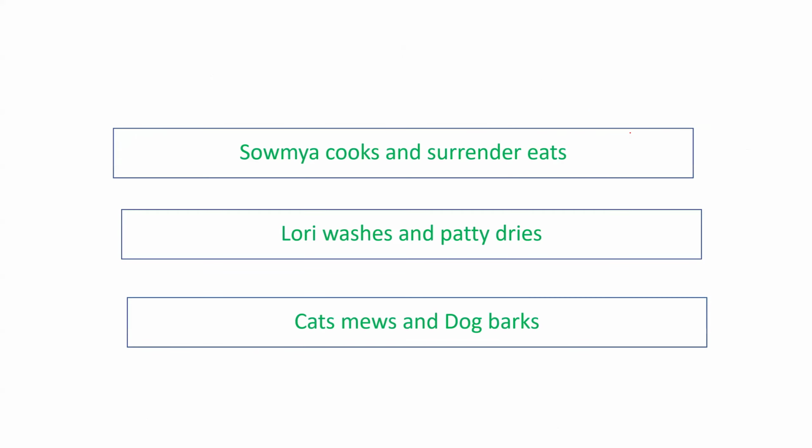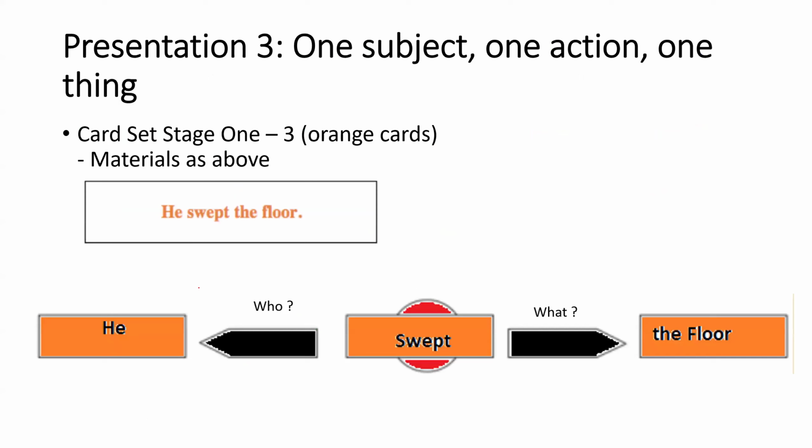Now in the third presentation, we are concentrating more or less on the orange cards. Here I will have one subject, so one noun, one action, one thing. Say we have a sentence like he swept the floor. What is the action? Swept. Start with that, so I'm going to cut this. The floor becomes our object, correct?